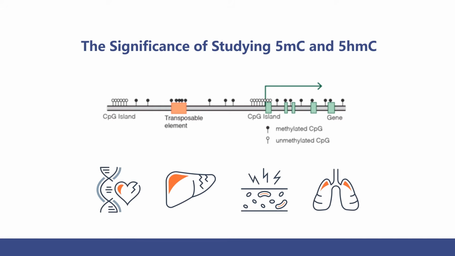Aberrant methylation is a common feature of many human disorders, including cancer, autoimmune diseases, heart diseases, skin diseases, etc. Therefore, this dynamic process has been considered an important factor for studies of tumorigenesis mechanisms and the discovery of therapeutic targets.